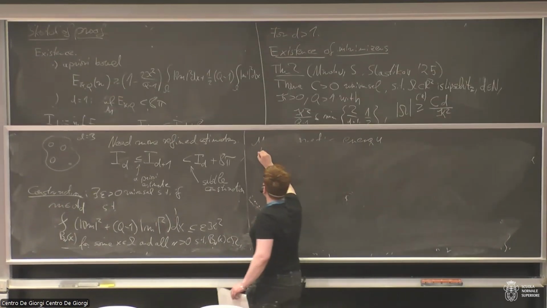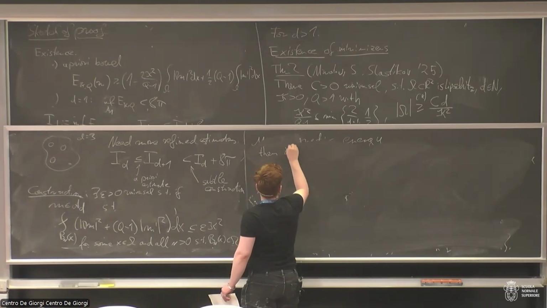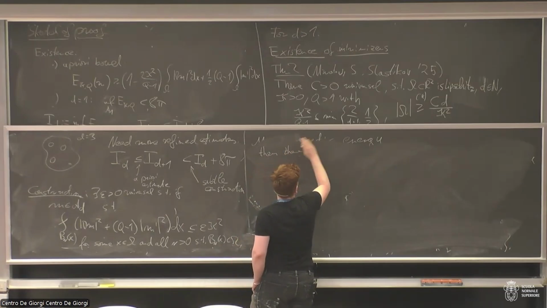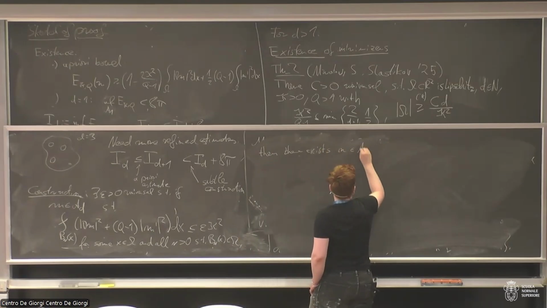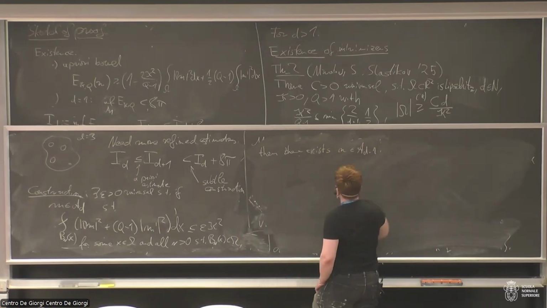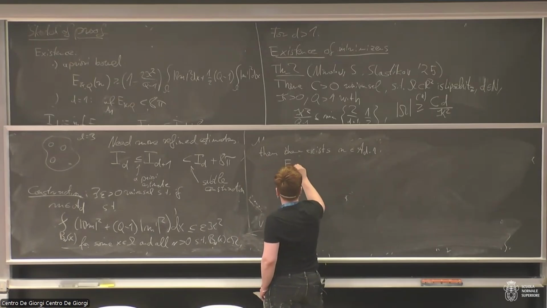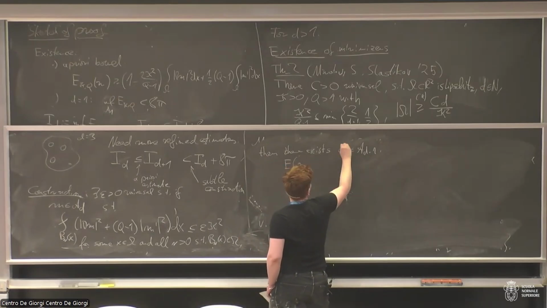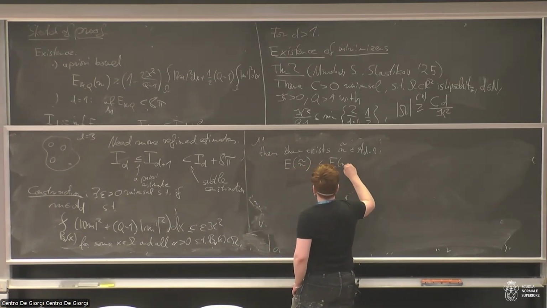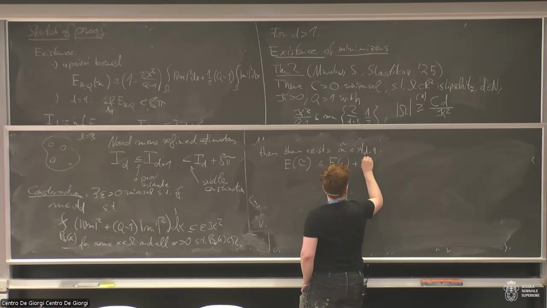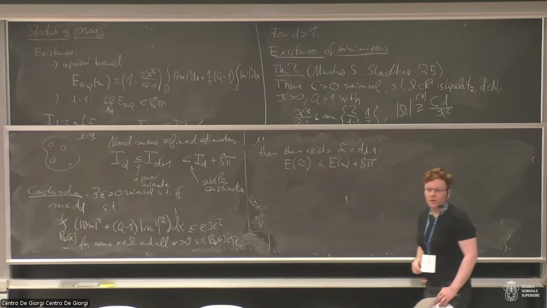then I can construct a good competitor. Then there exists M tilde in A_{D+1} such that the energy of M tilde is strictly bounded by the energy of M plus 8 pi.